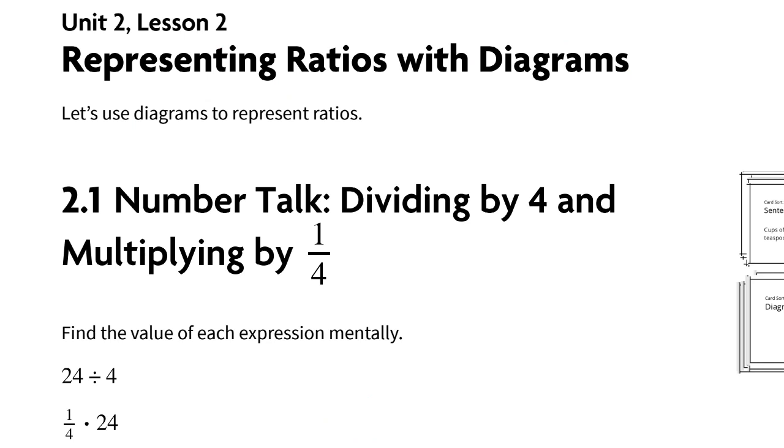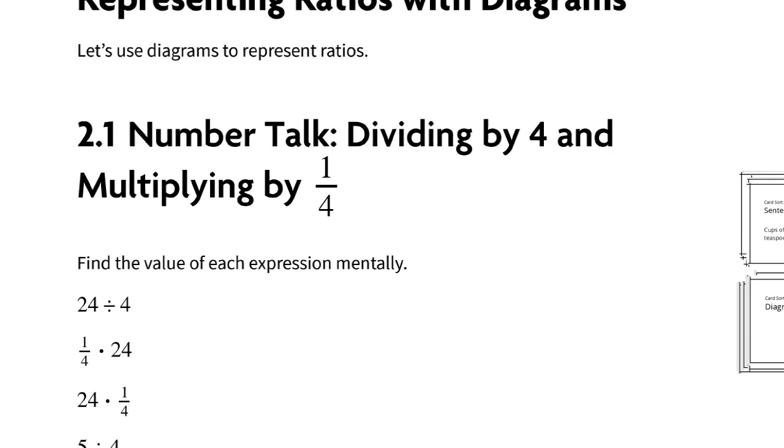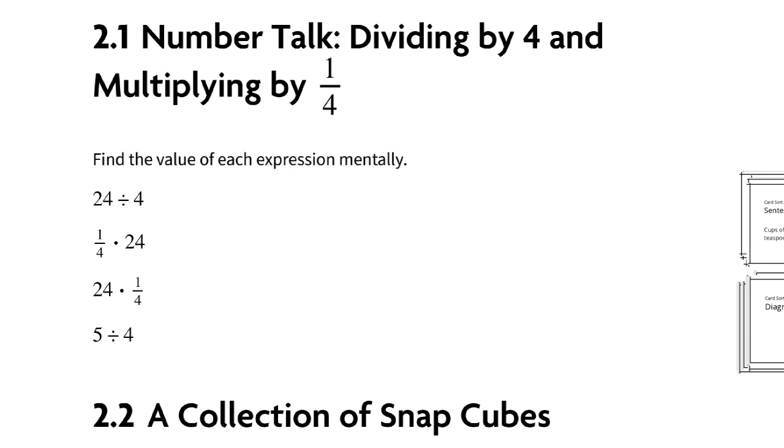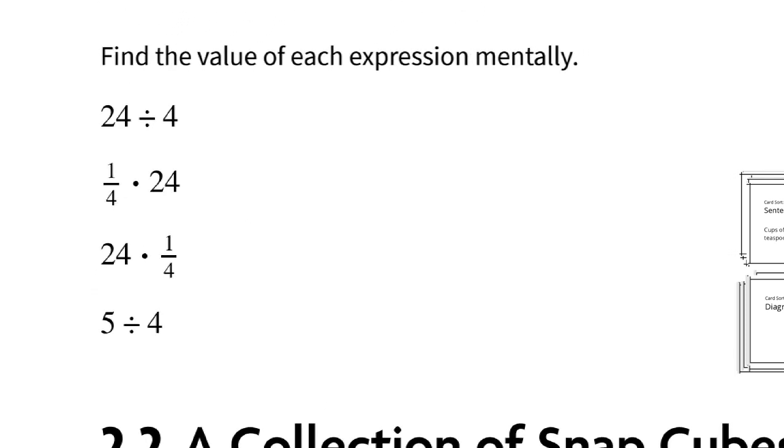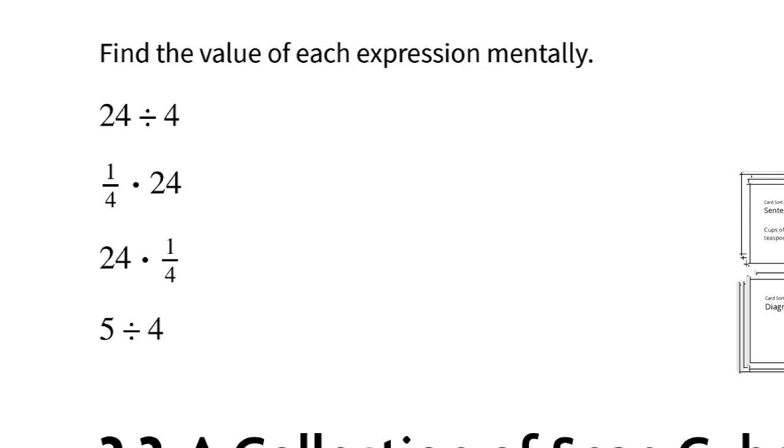All right, so we're going to start with just the classic warm-up that we always kind of begin with. It says we're going to begin with a number talk, dividing by 4 and multiplying by a quarter. Find the value of each expression mentally. The idea is we're going to start with some stuff that we know, right? 24 divided by 4 is 6.